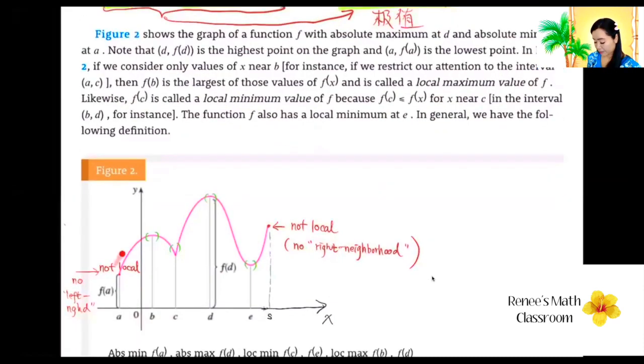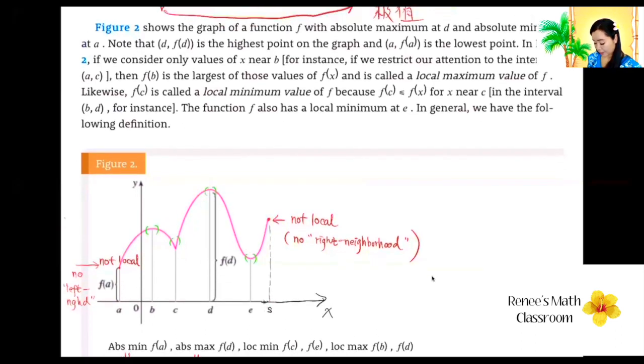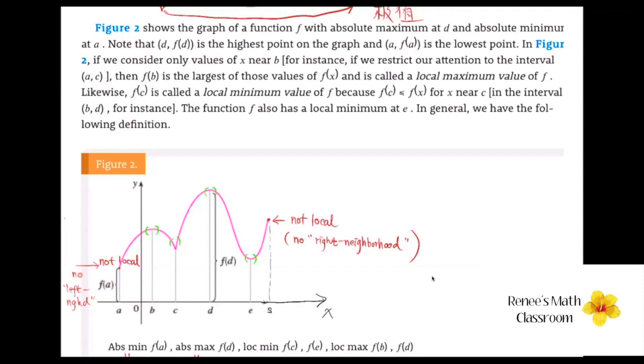I have a graph over here. Notice that right now we consider the function on this interval from a to, let's say, s over here. Now the graph looks like this. Looking at this graph, what is the absolute minimum? Anyone? The f of a? Yes, f of a is the absolute minimum.